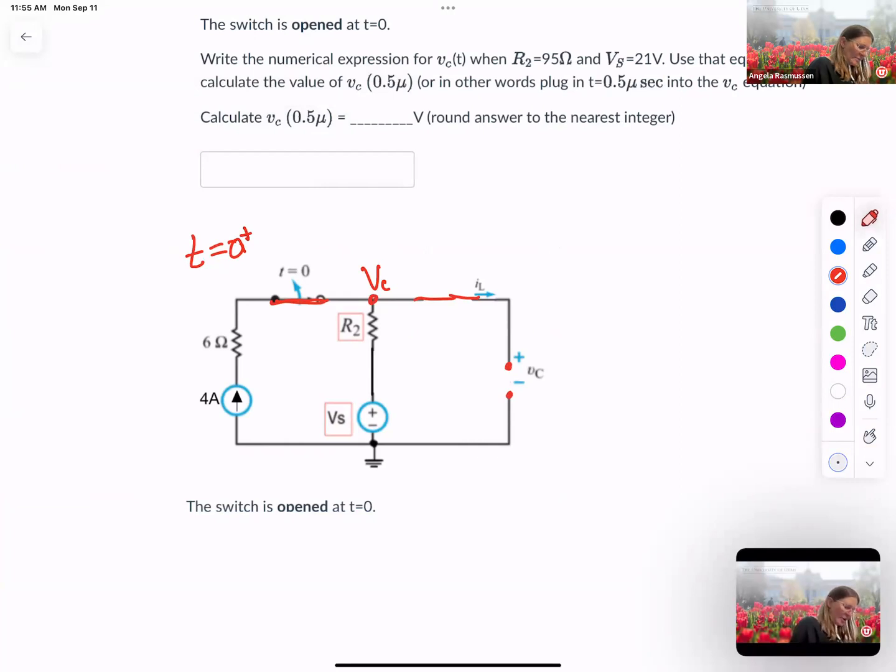And for this one, then it becomes an open. And this becomes what? A current source, correct? And so you have your current source.